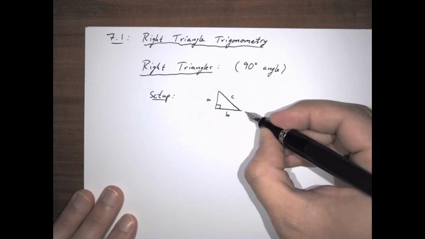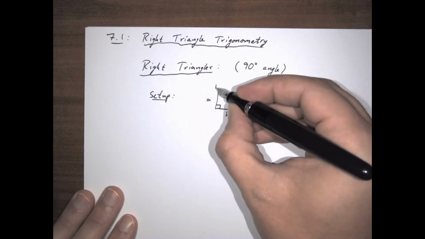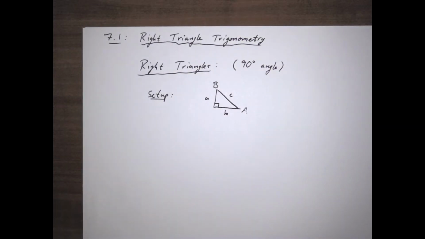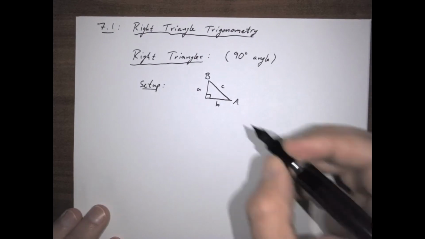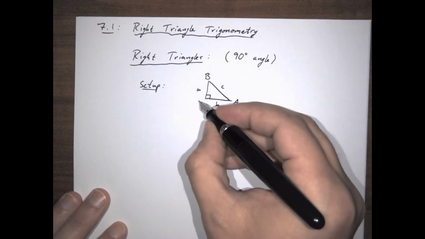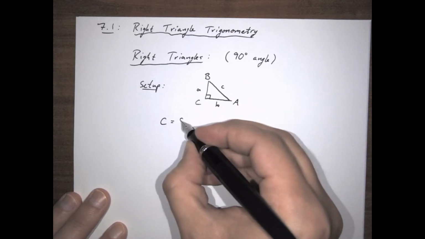And then you name the angles the same letter as their opposite side. However, when it's an angle, it's capitalized, whereas when it's a side, it's lowercase. So A, B, and C will be our letters, and technically we could call this C if we wanted, and C is always 90 degrees.